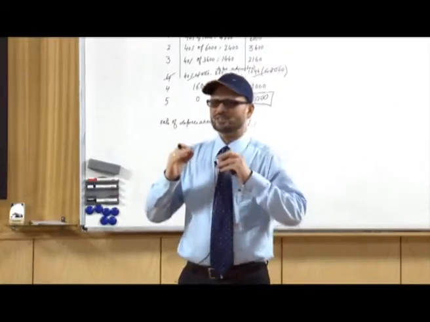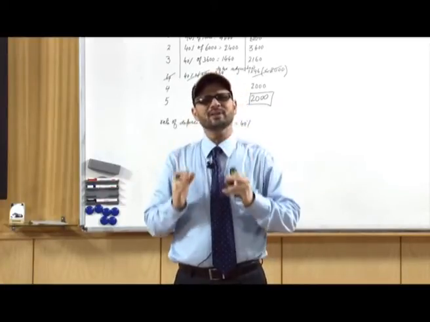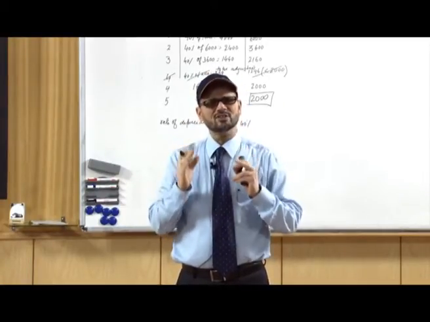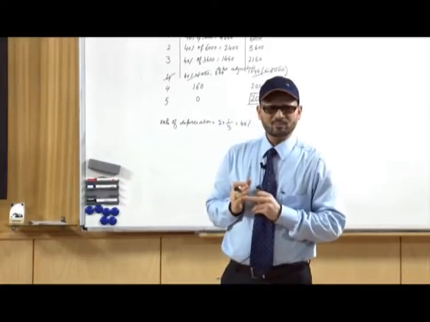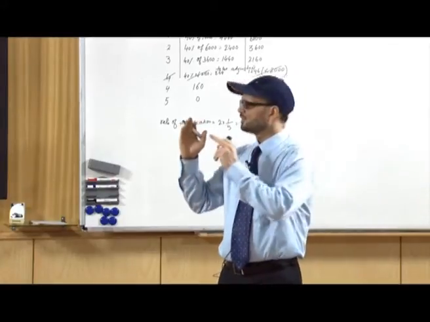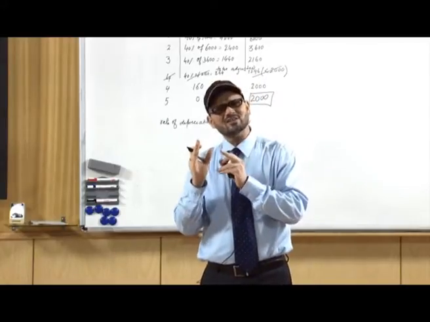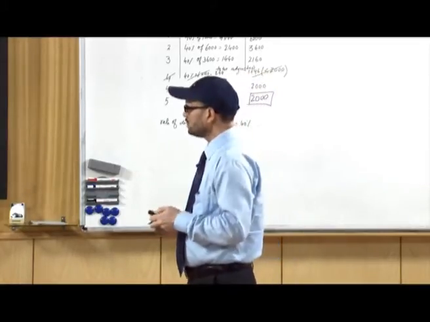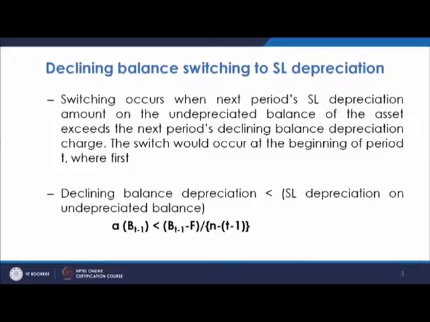Switching is practiced when it is seen that at this period, if you calculate the depreciation charge based on the life remaining of the asset using the straight line method and using the declining balance method or double declining balance method, whichever is larger, that should be taken. So, when declining balance depreciation is less than the straight line depreciation on undepreciated balance, in that case you go for switching to straight line.